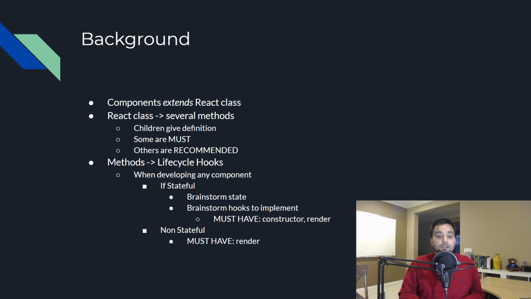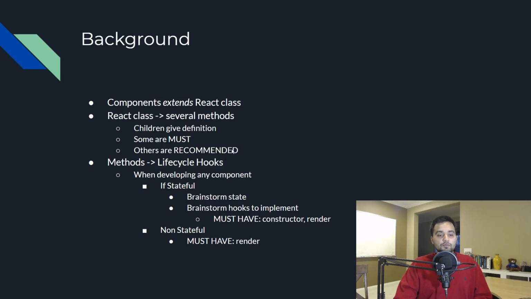Same thing here: the React class is just like a parent class, and everything else is just children. Some of the methods you have to implement because they're important for the framework to work, and others are recommended. You don't have to implement them, but if you do, it's definitely better.